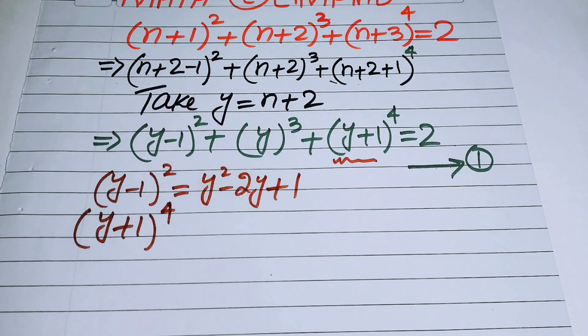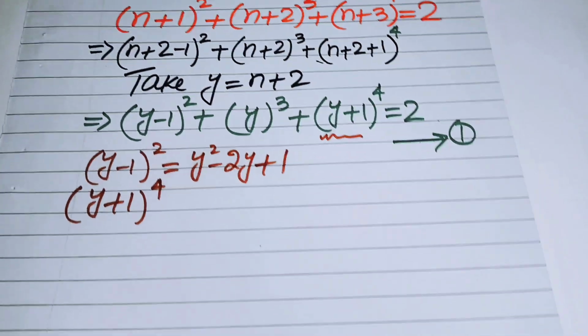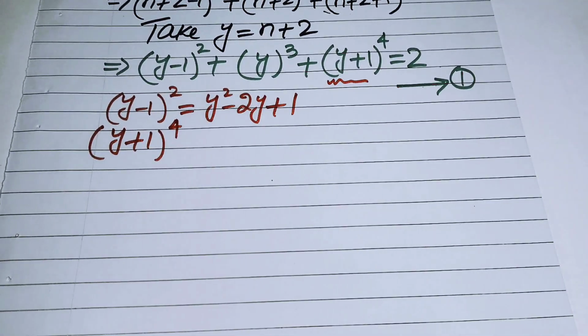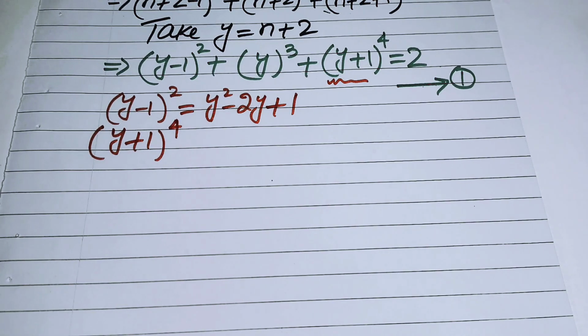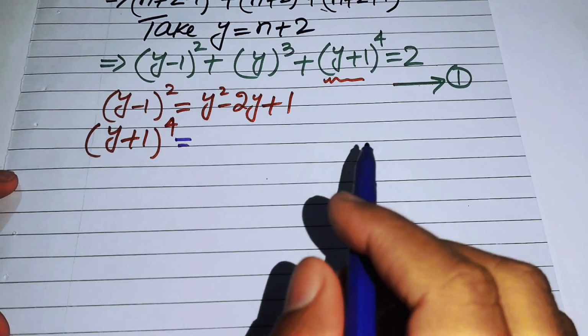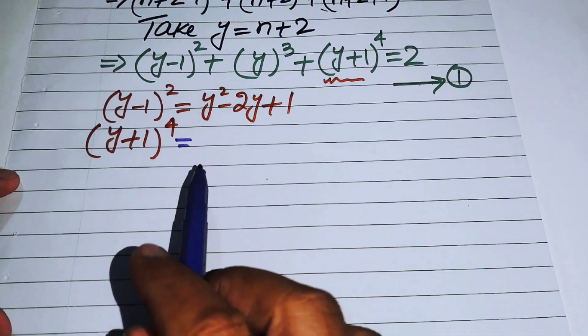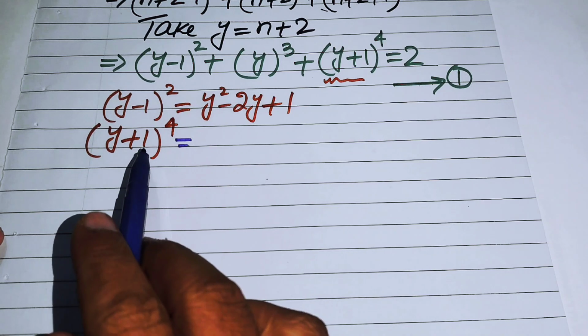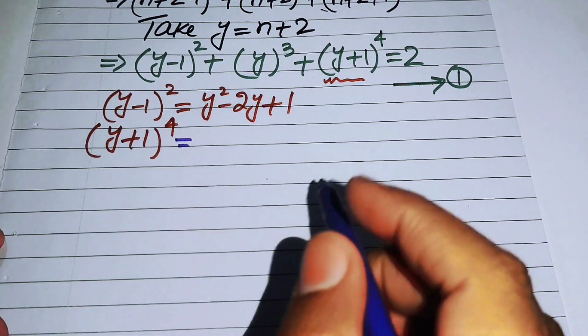We will solve this factor by using the Pascal triangle method, or we just open this by the binomial theorem. We will expand this term by using the binomial expansion. In binomial expansion, first I will write the coefficients, and we can find the coefficients of this expansion by using the Pascal triangle.